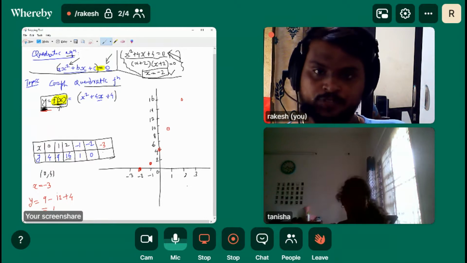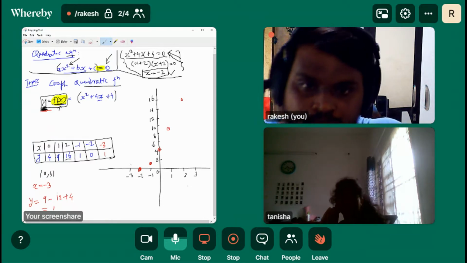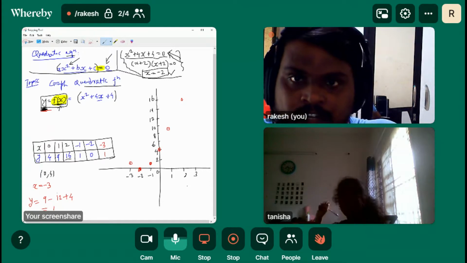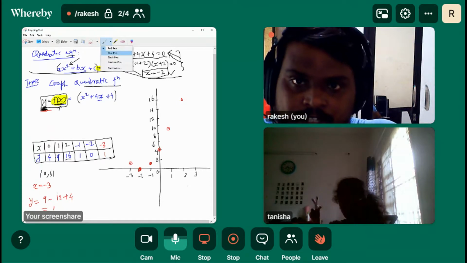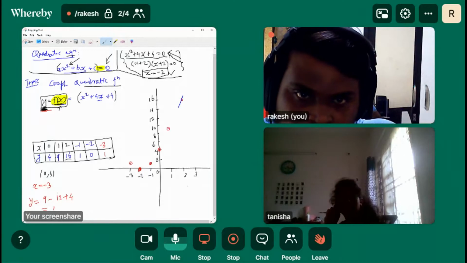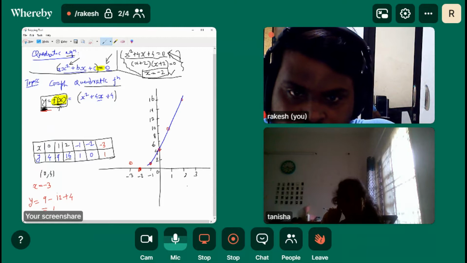It's 1. So -3 and 1 here, right? Now if I connect these points by a smooth curve, that would be the graph of this quadratic function.